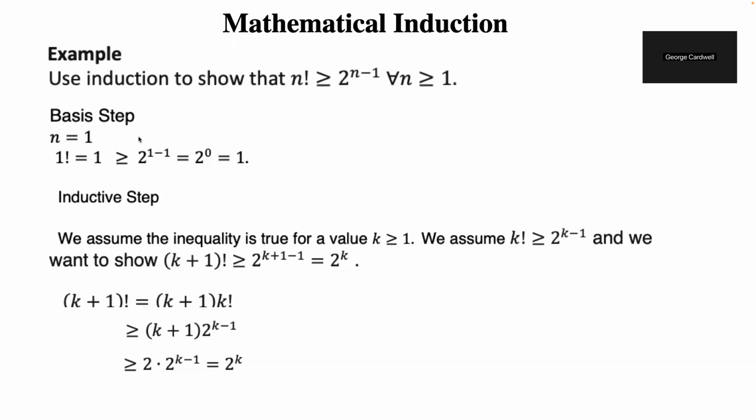So since I know it's true for n equal 1, I know this greater than or equal thing is going to be true for n equal 2. If it's true for n equal 2, you now know it's true for n equal 3. And if it's true for n equal 3, you now know it's true for n equal 4, and it goes on forever. So that's using mathematical induction to prove this inequality.